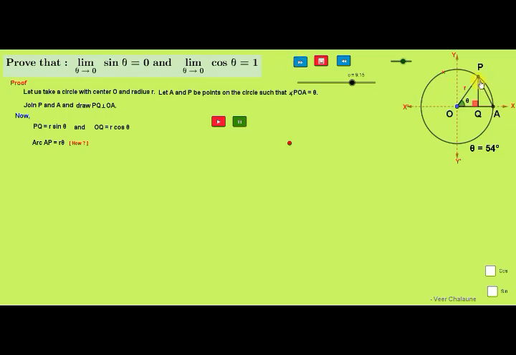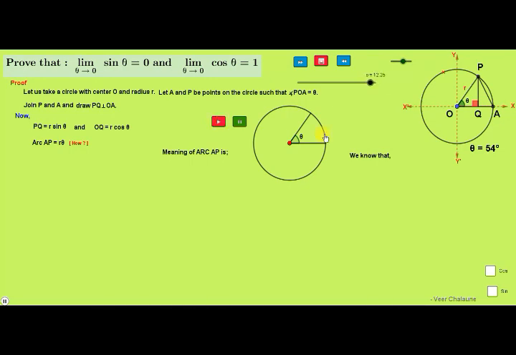And arc AP, this one, is the arc. This is a circle having angle theta, and this one is known as the arc.